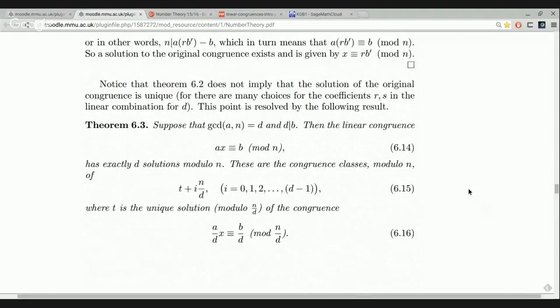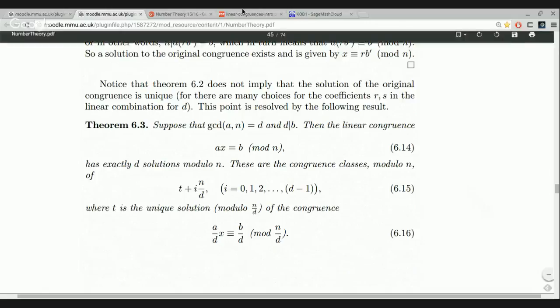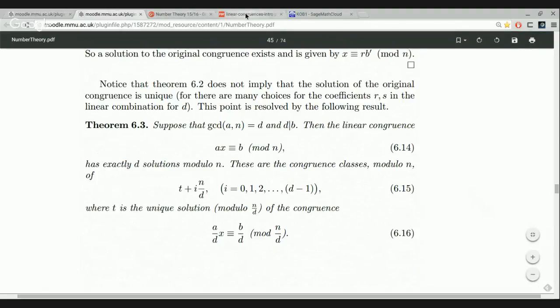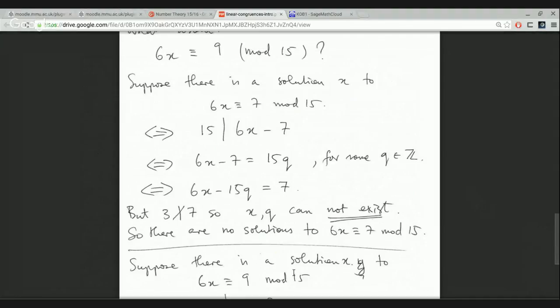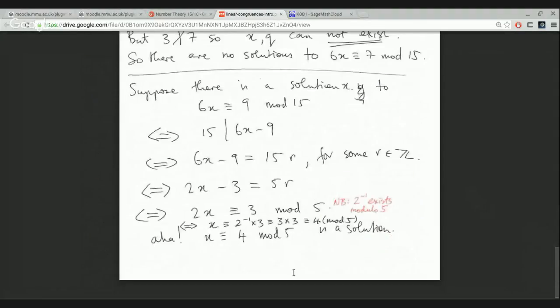And the statement of it is just the general statement of everything that we saw in this example here. So it's good that I've got them both up here on the board. We can compare one to the other. Okay. But for the benefit of the recording, I'm just comparing the statement of theorem 6.3 to this example here, 6x congruent to 9 modulo 15.